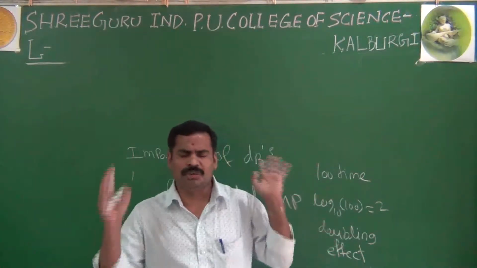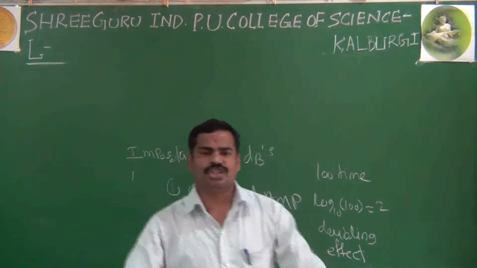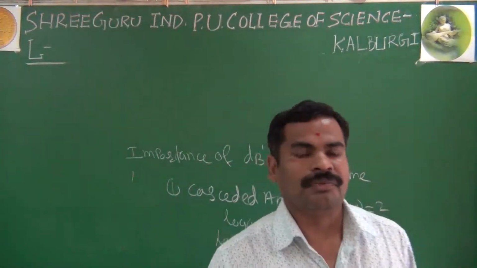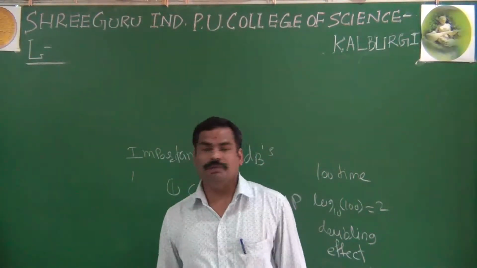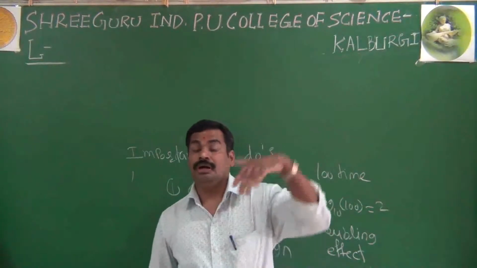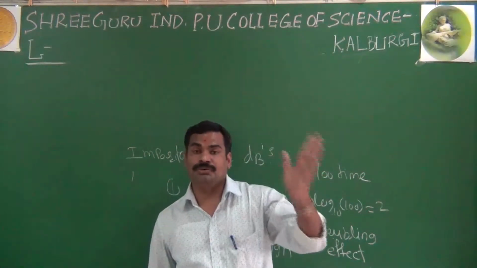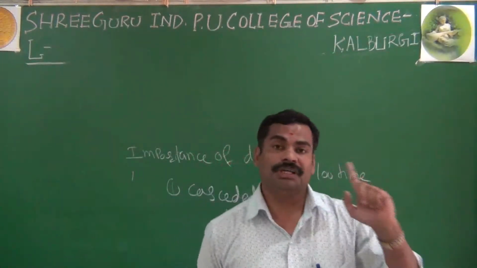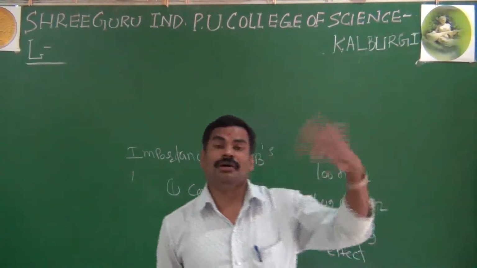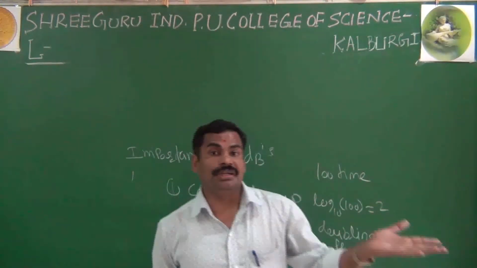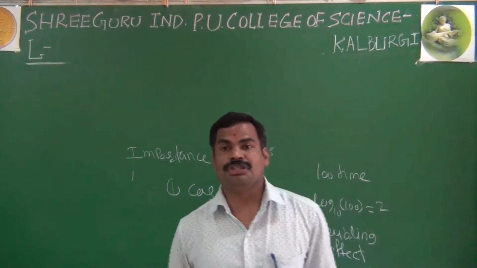I said it many times, don't get confused: our ears respond logarithmically. It means if the amplifier gives sound, the loudness heard by our ear is logarithmic, not according to the intensity of the sound. This is about the importance of dBs.